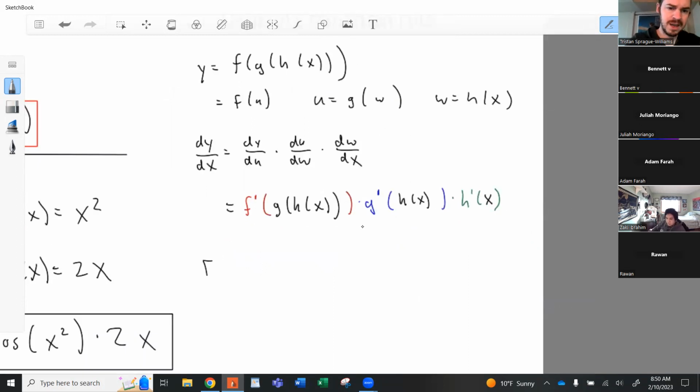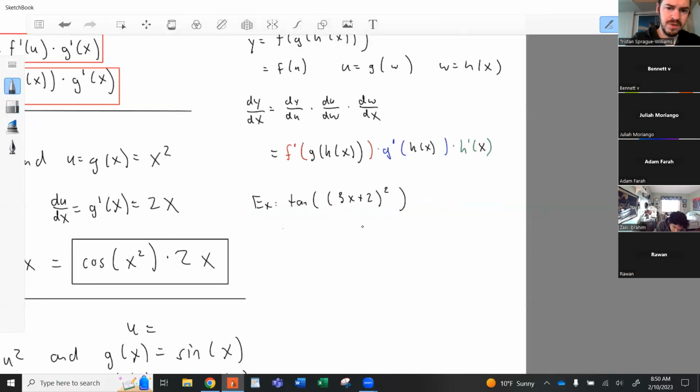Quick example of that, similar to the one I put on the other page. Let's do something like tangent of 3x plus 2, squared or something, right?